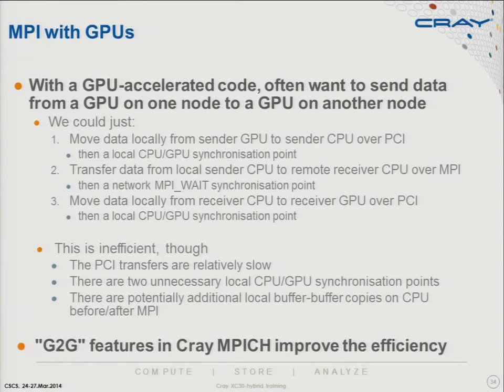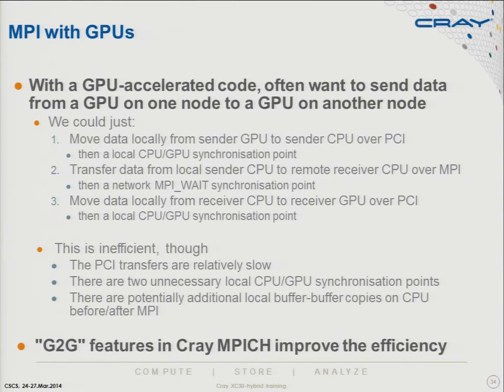The other thing, and that's probably the biggest thing, is that the sender has to bring the data from its GPU. The data's got to come down, and at that point, the CPU has got to synchronize with the GPU to say the data has arrived.